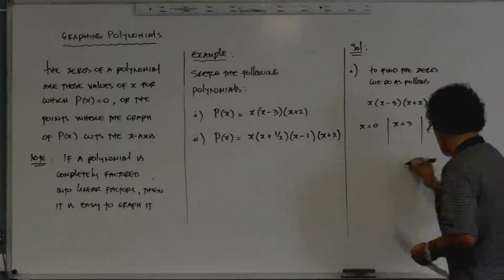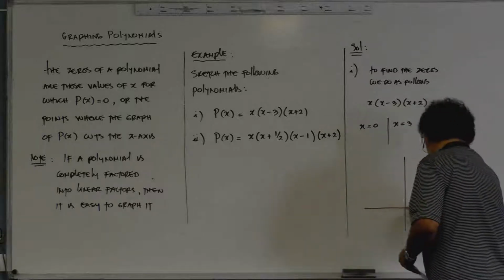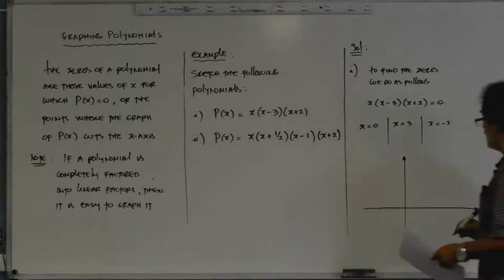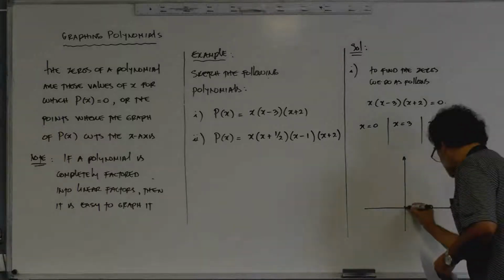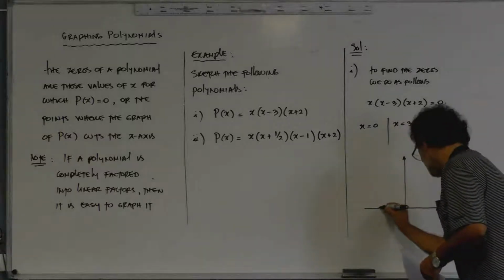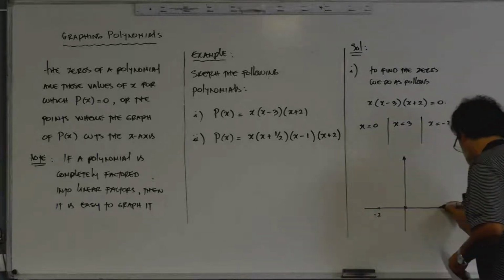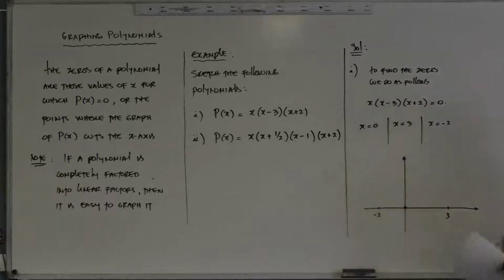And then we draw the number plane, and then we plot this. So we're going to have 0, here we're going to have negative 2, and here, let's say, positive 3.